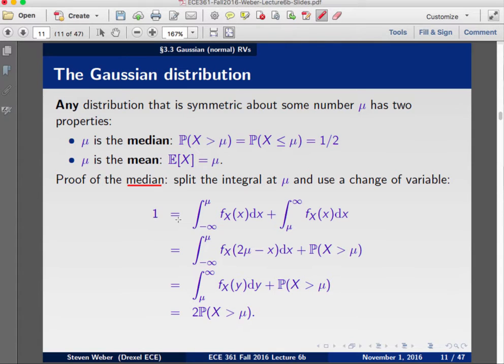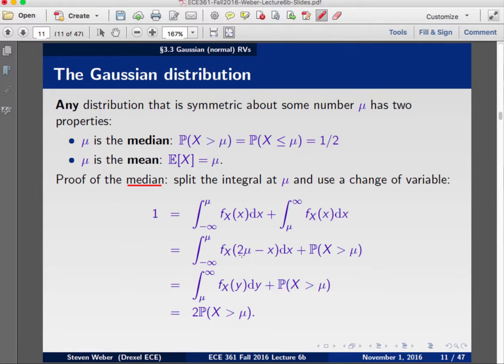1 equals the integral from negative infinity to positive infinity of the PDF over x. Now what we've done here in this first step is split that integral at this value mu, and express that single integral as a sum of two integrals over disjoint intervals. Now, in the second step, we've done two things.